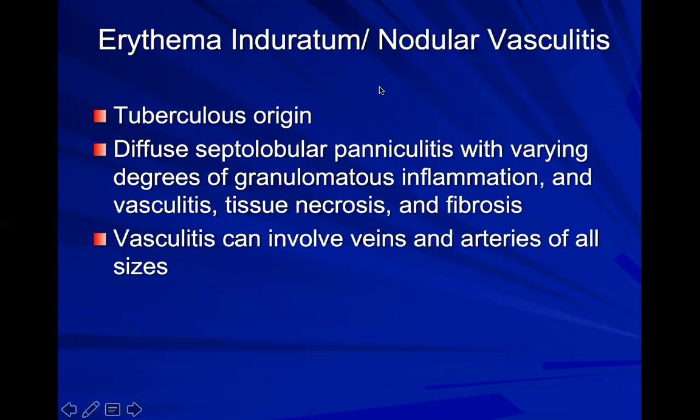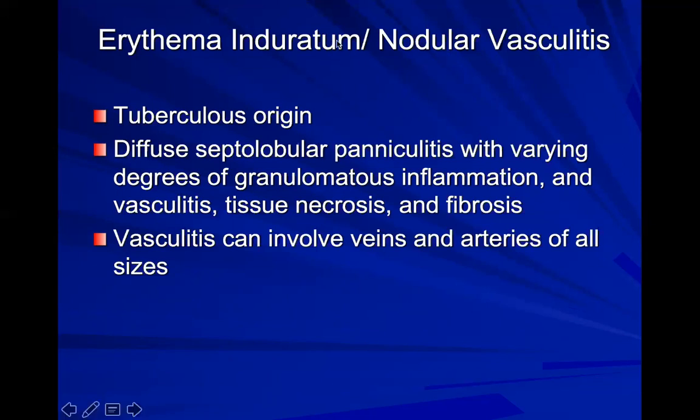So we'll begin by talking about erythema induratum and nodular vasculitis. They're probably one and the same condition. In one, they did not see a very marked vascular involvement when they named erythema induratum. And then nodular vasculitis has similar findings, but with a vascular component. When they started doing PCR, they realized they could find organism there too.